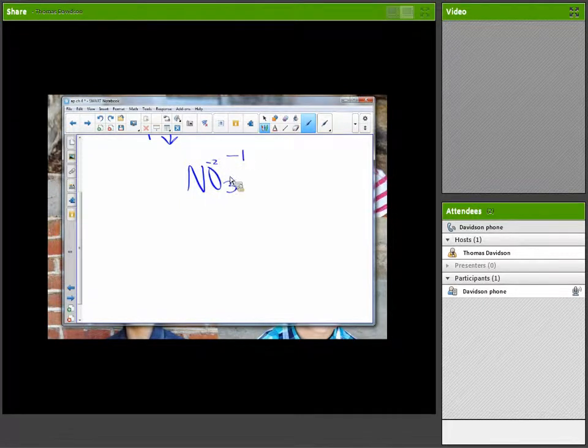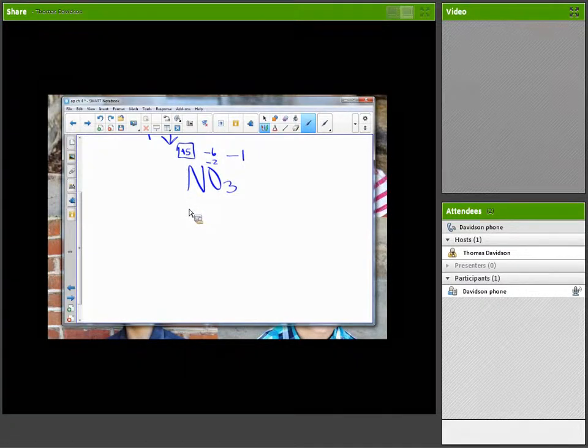Oxygen's a -2, but there's 3 of them. So what's the total amount of charge oxygen is giving? It's a -6. So I have this little thing right here. Something plus -6 equals -1. What is that number? It's a +5.